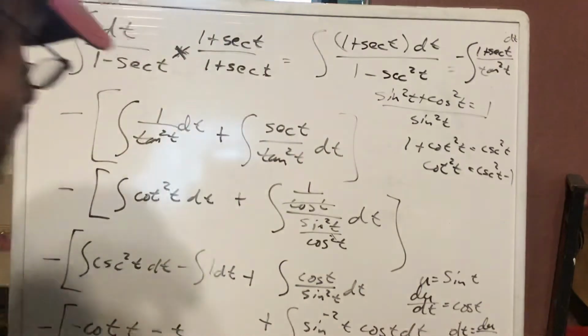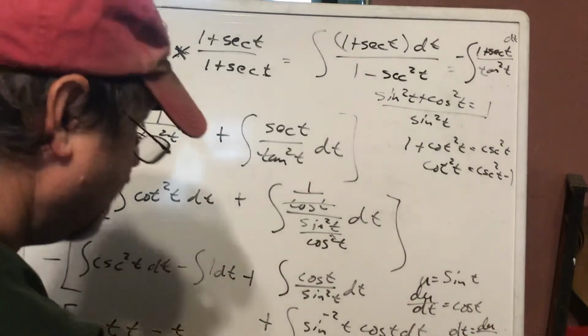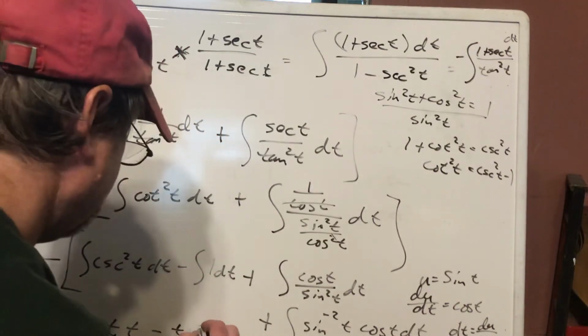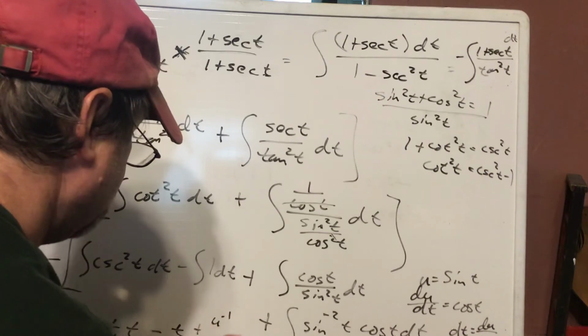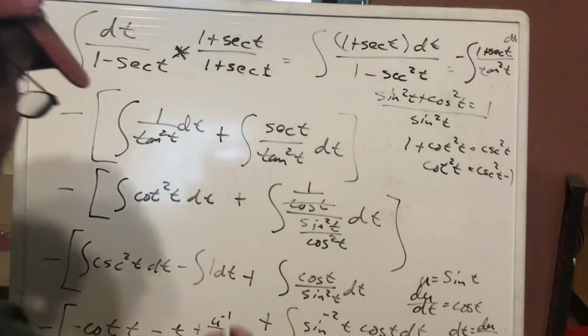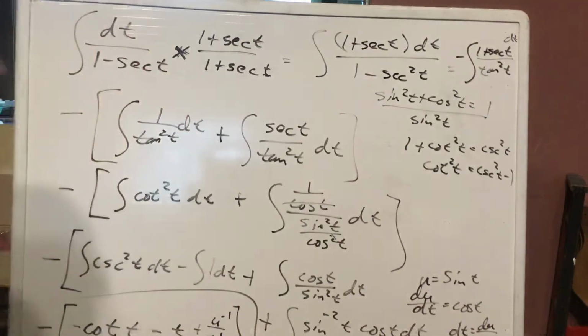Those go away. And I'm really out of board space, but what that's going to integrate to, I'm going to raise that power by 1 and divide by it. So I raise that power by 1, it's u to the minus 1, divide by minus 1, and so that's been done separately.